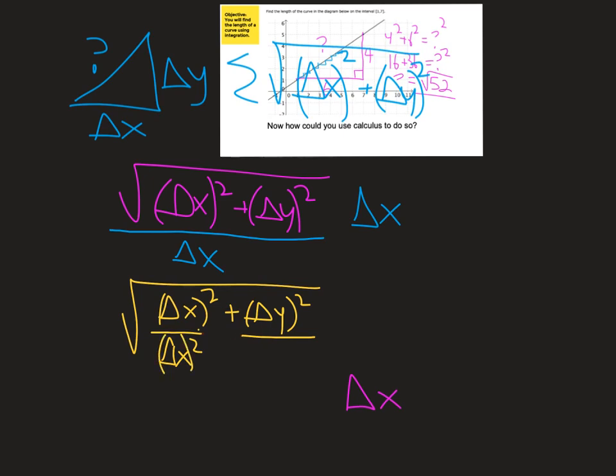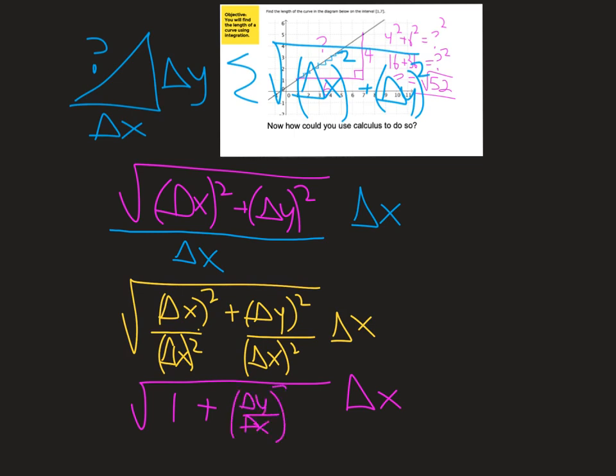I'm going to give each of these that delta x squared, and then I have a delta x, not a dx, not there yet. Got it. So now, I think I see it. And if you see it, cool. That's going to be 1. And that's delta y over delta x squared.